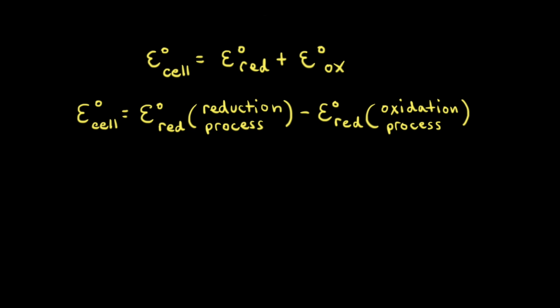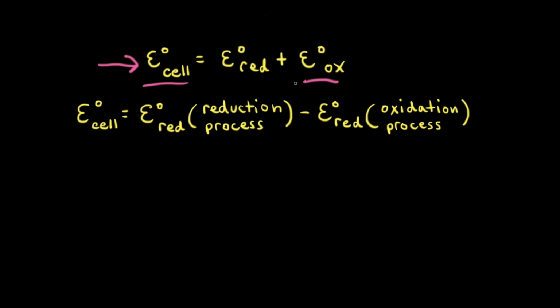We can also calculate standard cell potential using a slightly different form of the equation that we just learned. Remember that we flipped the sign of the standard reduction potential to get the standard oxidation potential, which we plugged into this equation, and were able to calculate the standard potential of the cell.